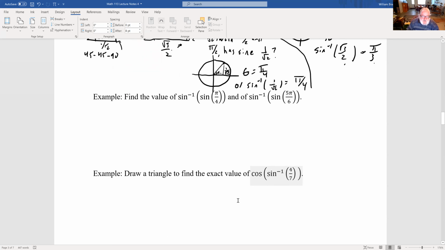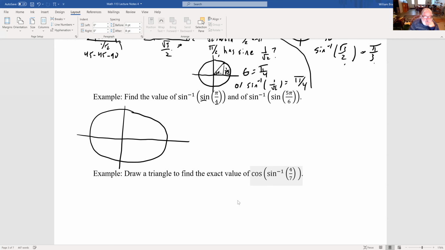Okay, sine inverse of sine of pi over 4. What question is this asking? Well, sine inverse is asking for an angle. And this is saying what angle has sine of pi over 4 as its sine.